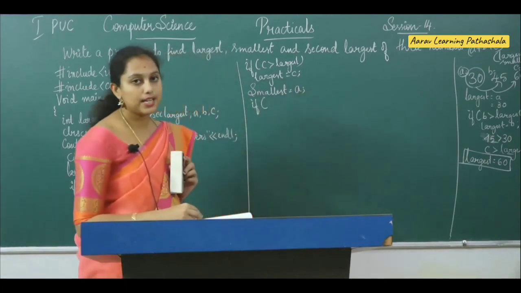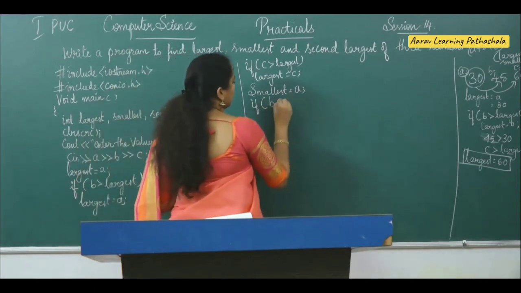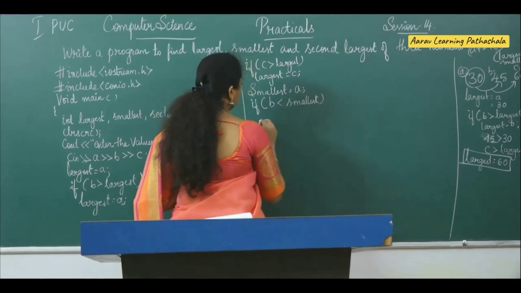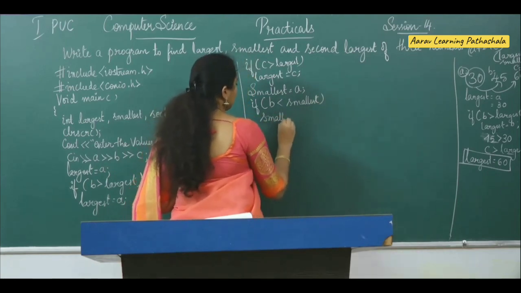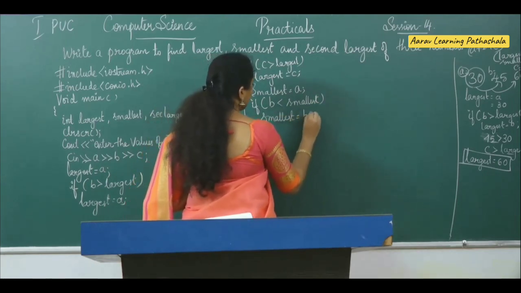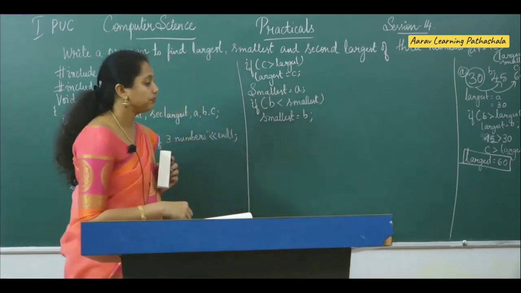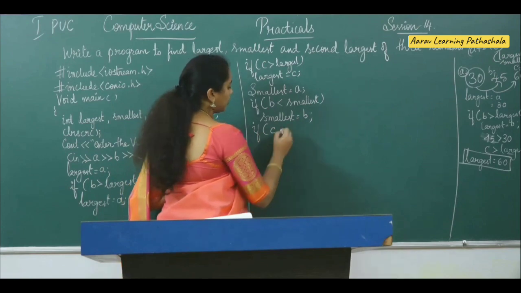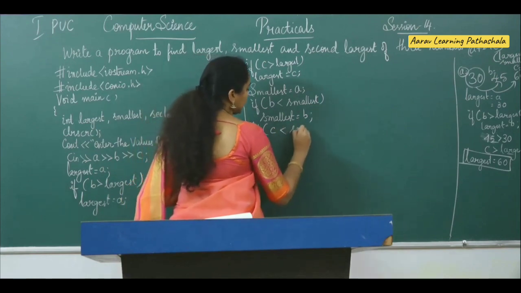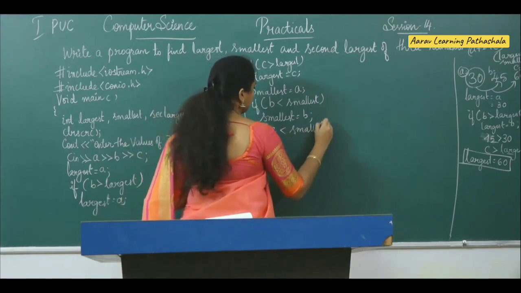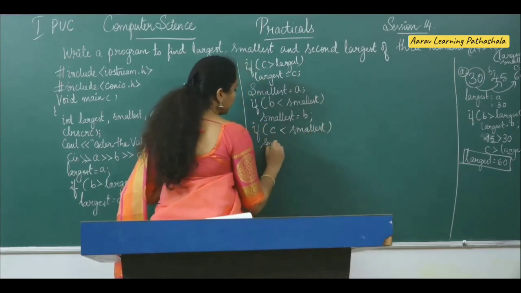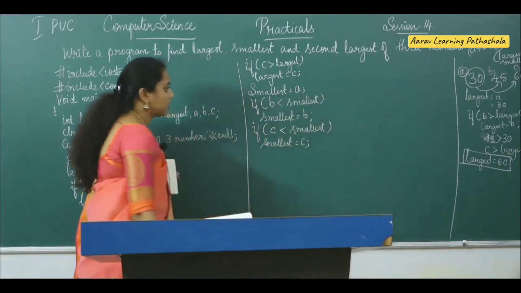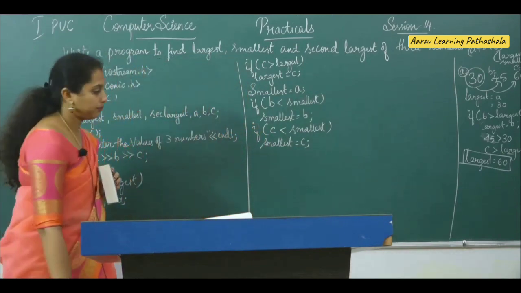If B is less than smallest, then consider B as the smallest, and we are checking with another value also, that is C. If C is less than smallest, smallest is equal to C.